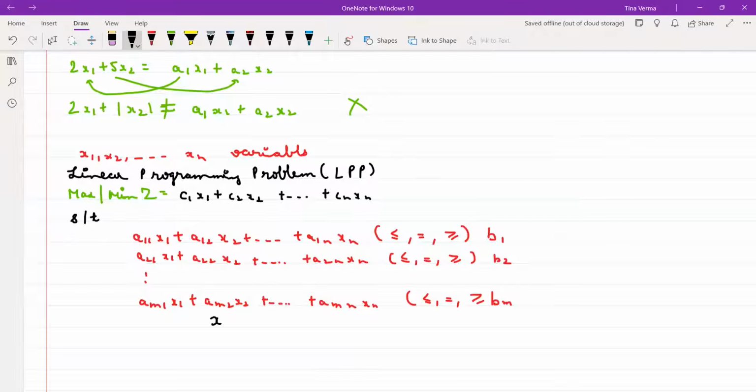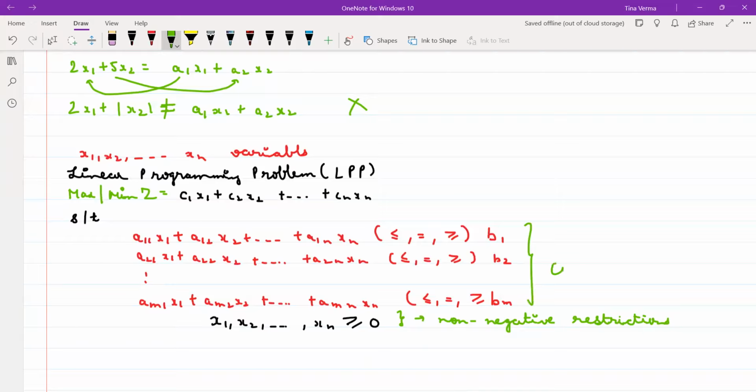So sometimes we put the condition on the variables that they are greater than or equal to 0. We call these restrictions non-negative restrictions. So these are the non-negative restrictions, these are my set of constraints, and this is my objective function. Every LPP will have one objective function, some set of constraints, and non-negative restrictions.